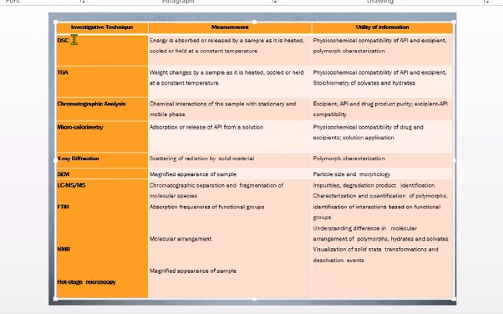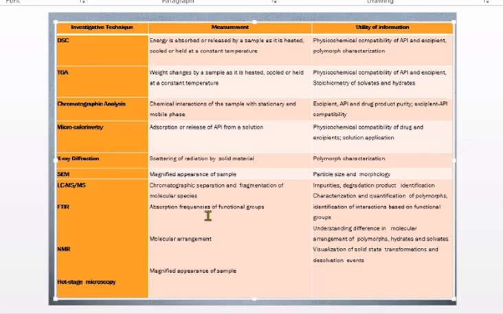So for DSC, I've indicated you get energy which is absorbed, and you use this to characterize compatibility or polymorph characterization. TGA, you look at weight changes and what it measures. So you do this for all these techniques that I have listed here. The principles are the same.